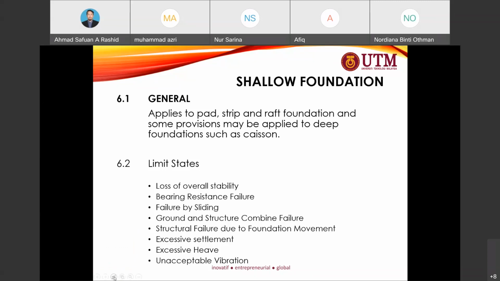For the limit states that we need to focus on: loss of overall stability, bearing resistance failure, failure by sliding, ground and structure combined failure, structural failure due to foundation movement, excessive settlement, excessive heave, unacceptable vibrations.